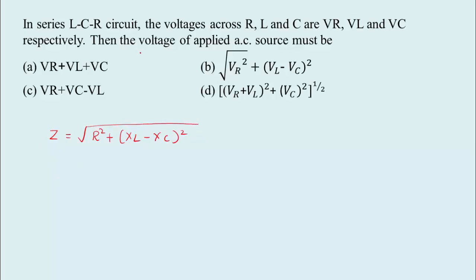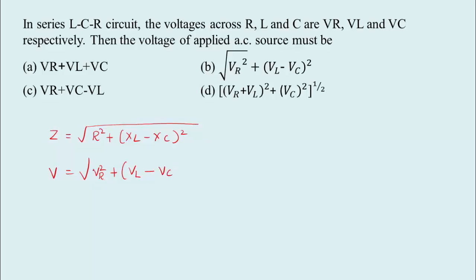But here we have to know the voltage applied across the AC source. So voltage, we can write Vrms or V equal to, voltage across resistor VR square, voltage across inductor VL minus voltage across capacitor VC, whole square.